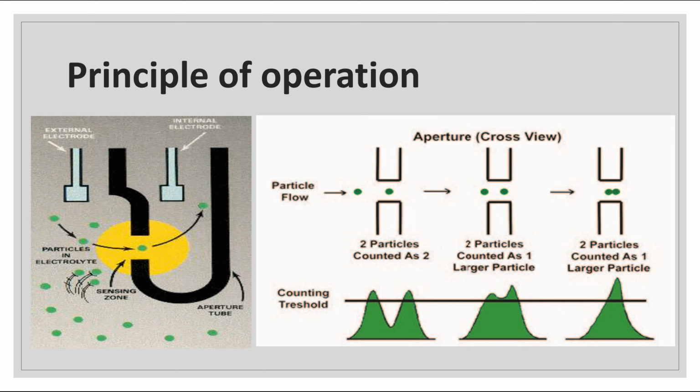But here it depends on the Coulter counter, or the impedance counter, where basically there are two electrodes and a narrow passage that the particles go through, for each defined body as it's known, and there is a sensing area.